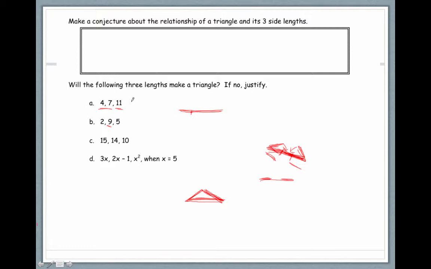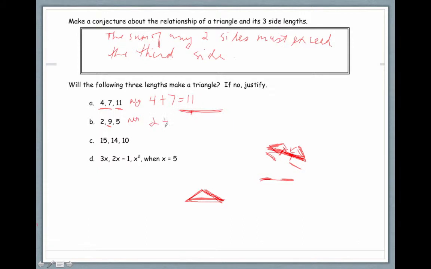So no. And the justification is: the sum of any two sides must exceed the third side. So no, because 4 plus 7 is equal to 11, and 2 plus 5 is less than 9.